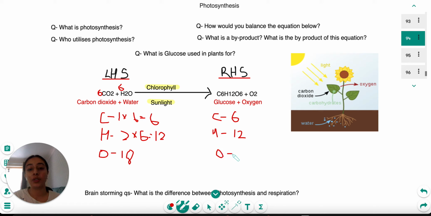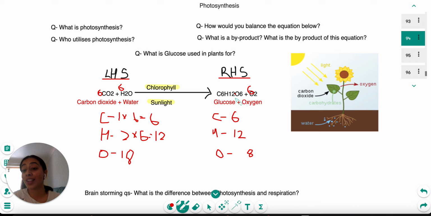Now, similarly, we do that on the right-hand side. What's the total number of oxygens? 6 add 2 is what? 8. Now, we need to figure out a way to make this 8 into 18. So, what do you think we'll do? Exactly, so we put a 6 here, and if we do 6 multiplied by 2, we get 12.